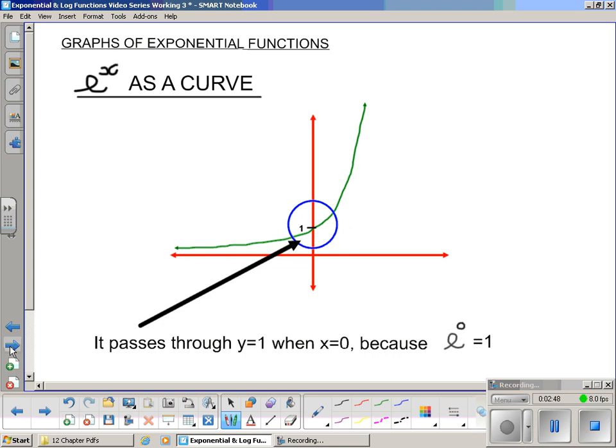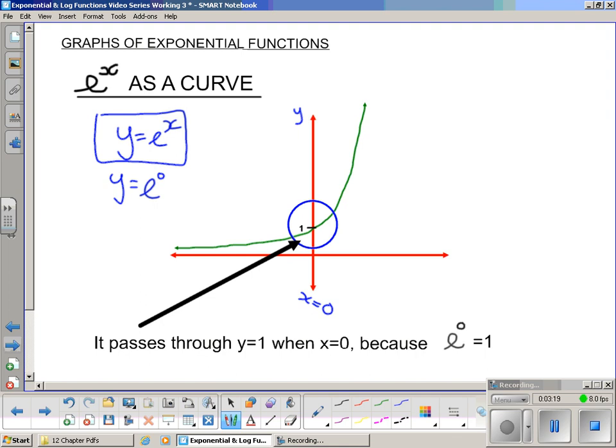Another feature is that your basic y equals e to the x curve always has a y-intercept of 1. The reason for that is there's a special thing that happens on the y-axis here, and that is that all along the y-axis we have an x value of 0. And because we've got the curve y equals e to the x, what we'll get for our y, if we subbed in an x value of 0, is e to the 0.